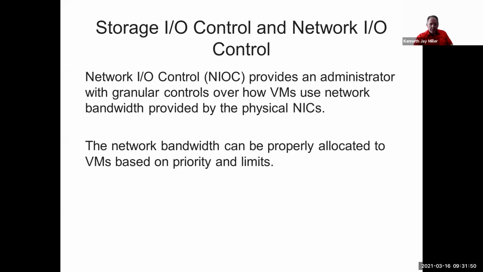Okay. Now, network input output control provides an administrator with granular controls over how VMs use network bandwidth provided by the physical network cards. Most servers have at least 4 network cards in them. Some of them have much, much more than that.